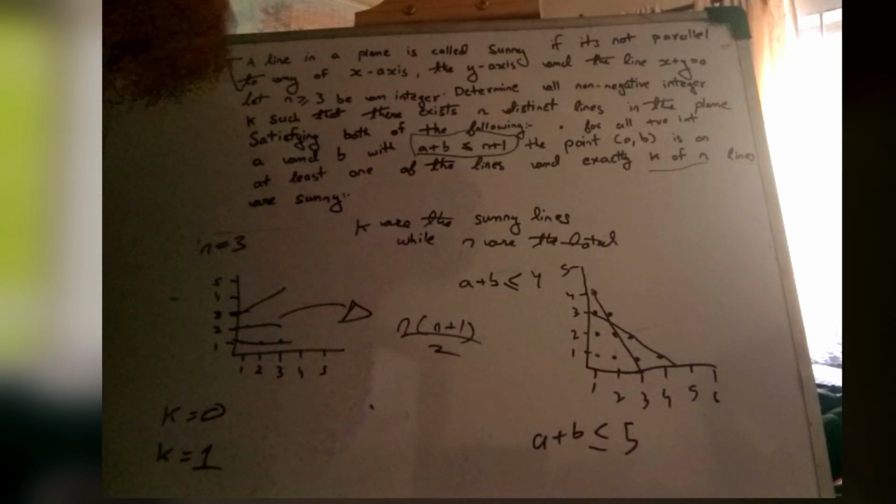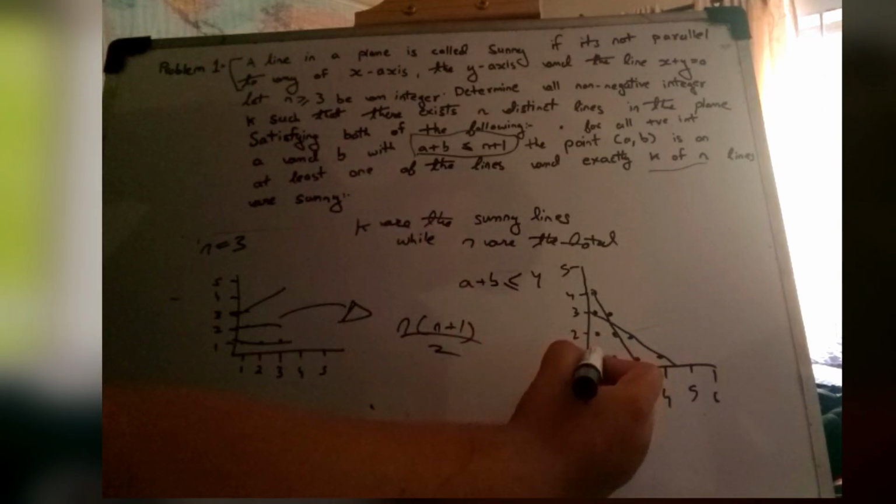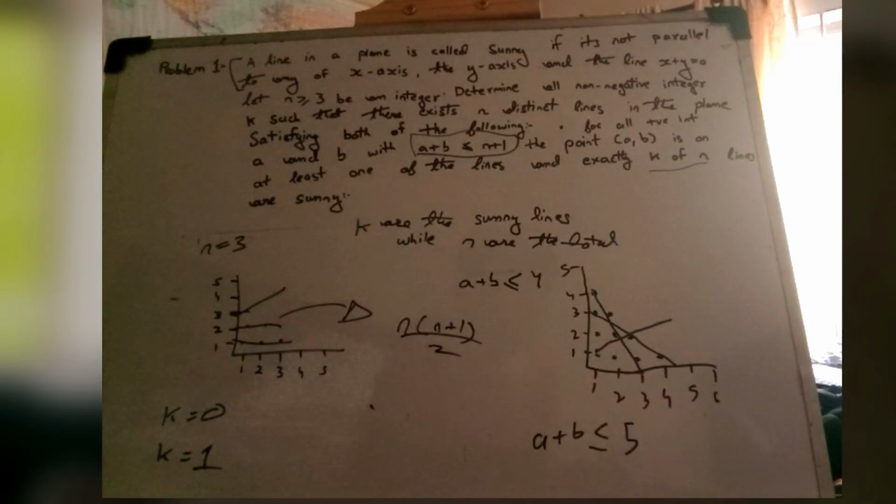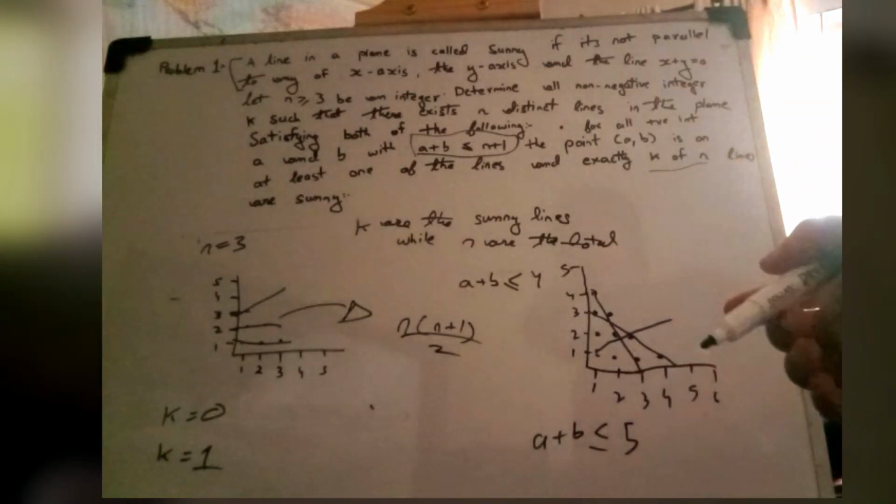Then we get k equal to 2, and then k equal to 3. As n progresses, we can't actually get k equal to 2, because the number of sunny lines will always be 3, 1, or 0. We can test this out later on.